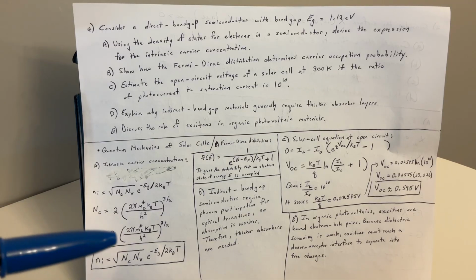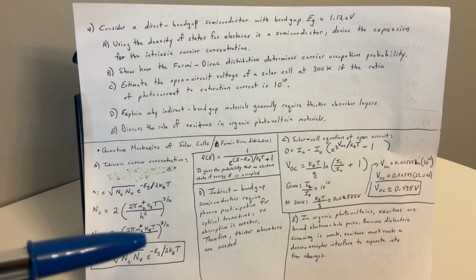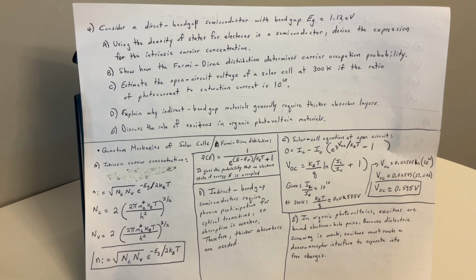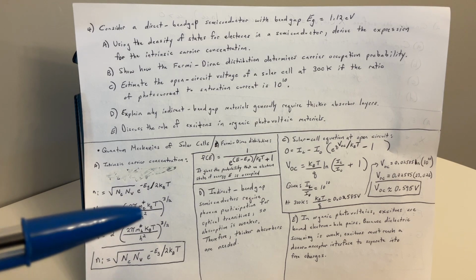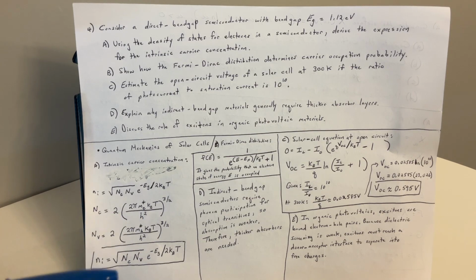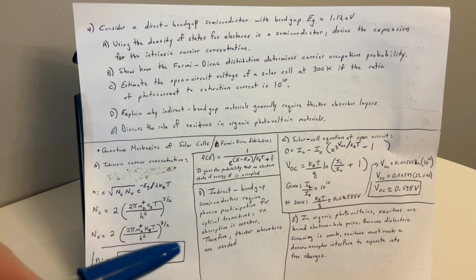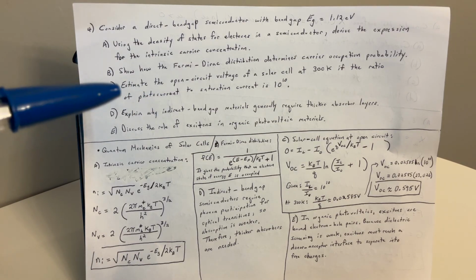N sub V is 2 times 2 pi m sub h star, k sub B T over h squared, to the 3/2. So a major difference here is the subscript, e and h. Very famous formula.